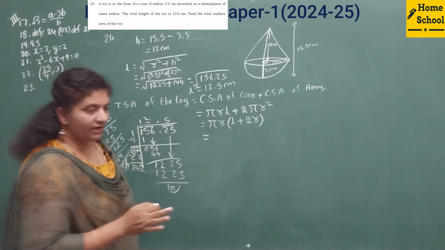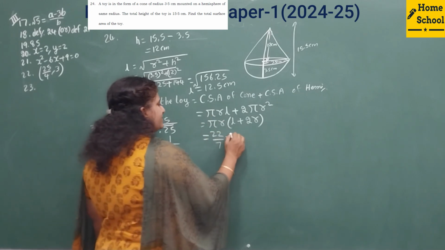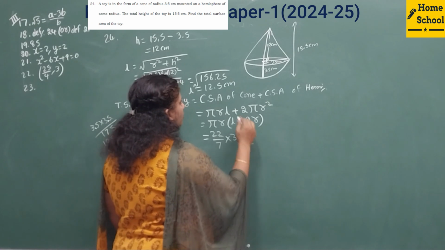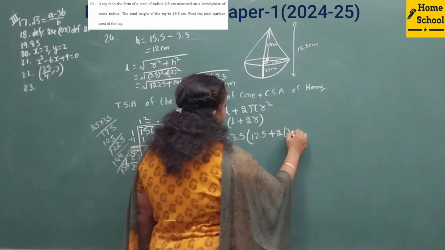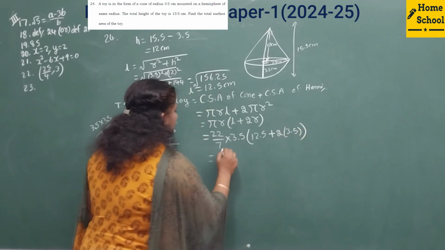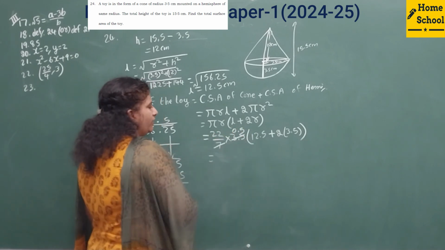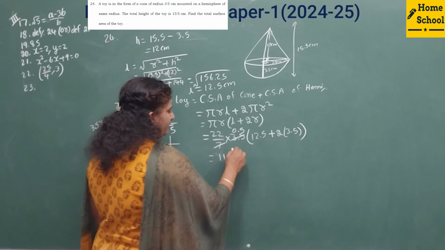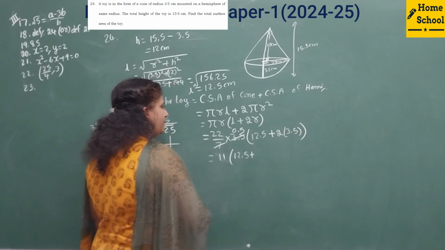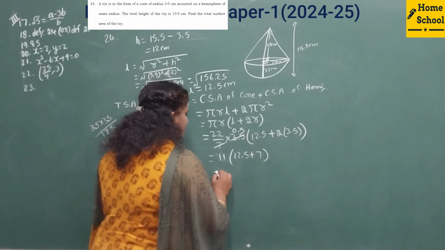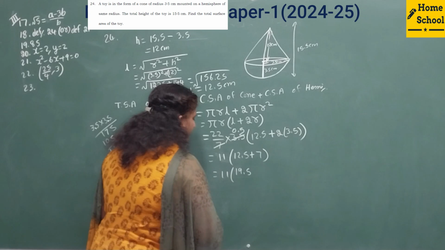They did not give any pi value, so take it as 22 by 7 into R. Radius is 3.5 into L value is 12.5 plus 2 into radius 3.5. 7 5s means 0.5. 22 into 0.5 it will be 11 into 12.5 plus 7. 7 plus 12.5 means 19.5.